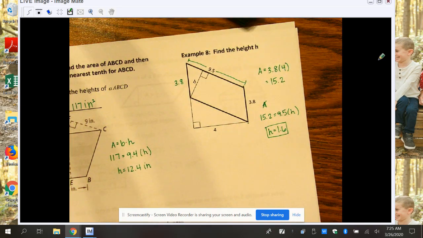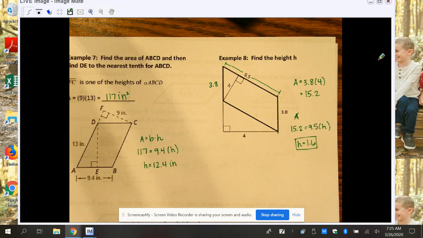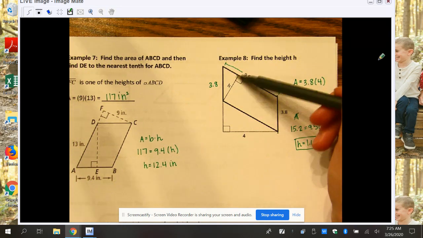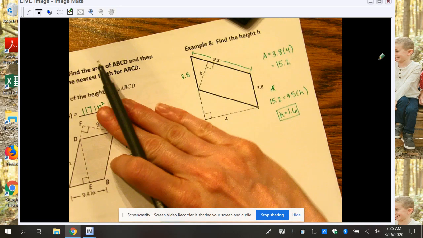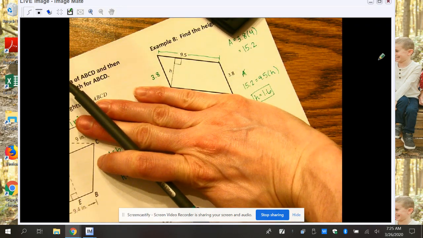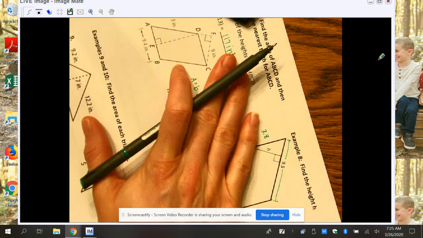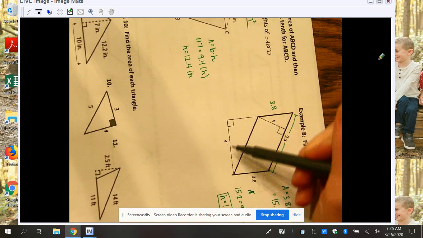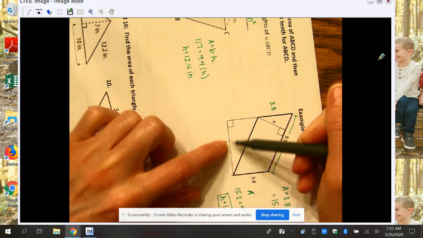Okay. So again, you can turn your parallelogram however you need to find what you need. I would not have been able to find H if I had my parallelogram sitting on the long side, because I didn't know the area. But if I turned my parallelogram so now it was sitting on the short side, the height is going to be how tall it is this way.